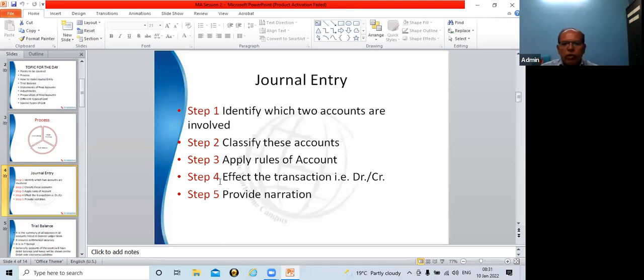Step number 4, effect the transaction, that is whether it is debit or credit. Step number 5, narration. Narration is nothing but the description of the transaction, a little bit of information so that if anyone goes through your journal, by reading the description he should make sense out of that transaction. That is known as narration.